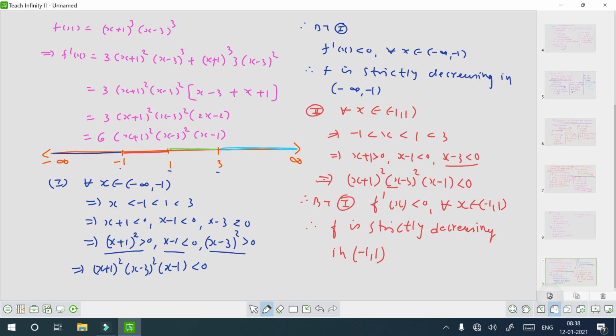Third one is 1 to 3. For all x belongs to 1 to 3, this implies 1 less than x less than 3, and minus 1 less than 1. So x plus 1 greater than 0, x minus 1 greater than 0, x minus 3 less than 0. But this says that (x plus 1) whole square, (x minus 3) whole square, (x minus 1) is positive. x minus 3 is less than 0, but its square is positive.